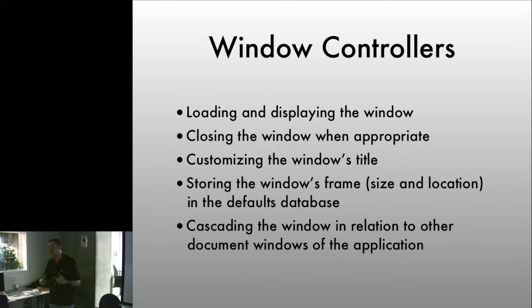Customizing the window's title. Of course, you can do that in Interface Builder, but if you've got multiple windows and you need multiple titles, using a window controller is the easiest way to do that. Storing and keeping the window's frame, the size and the location of it, is done automatically in Lion. If you want to store it as a default, you can do that in Interface Builder for one of your windows.